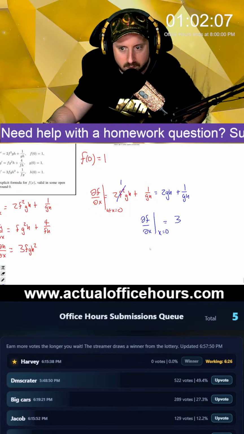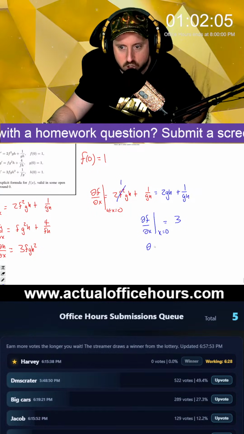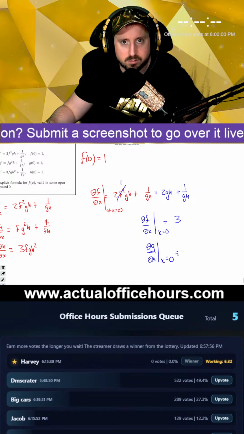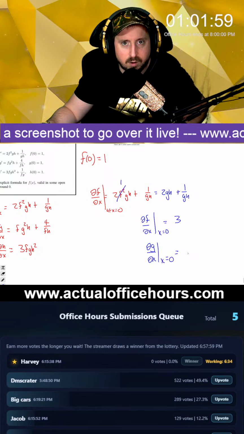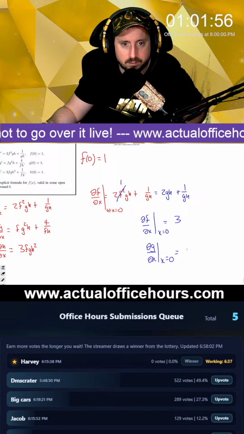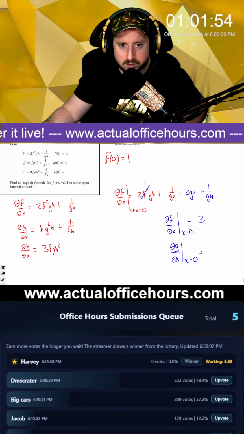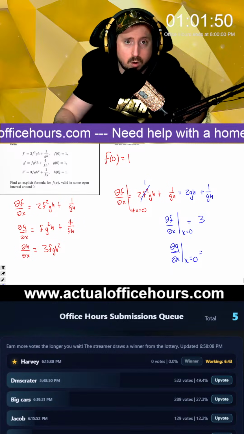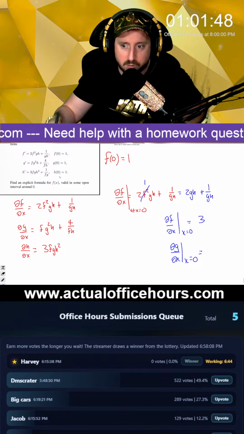Okay, so then dg dx at x equals 0. Write an explicit formula for f. I think you mean for capital F, right? Oh, the question is saying just an expression for f.